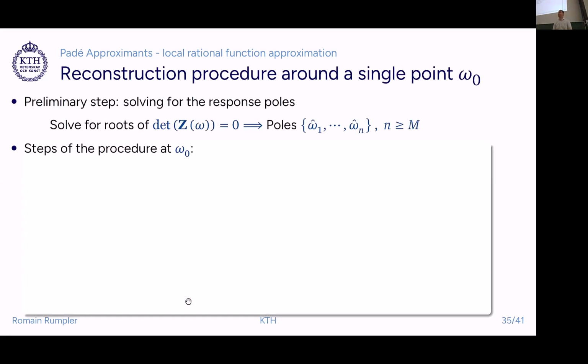Another thing that is really nice is that for Padé approximants, there is a theorem on convergence that states that the range of convergence you can hope to reach with a rational function is actually determined by the number of poles that you capture within this range. Which means that in terms of convergence, you can use the poles to set the range that you can at best reach for approximating the rational function, or the solution in our case.